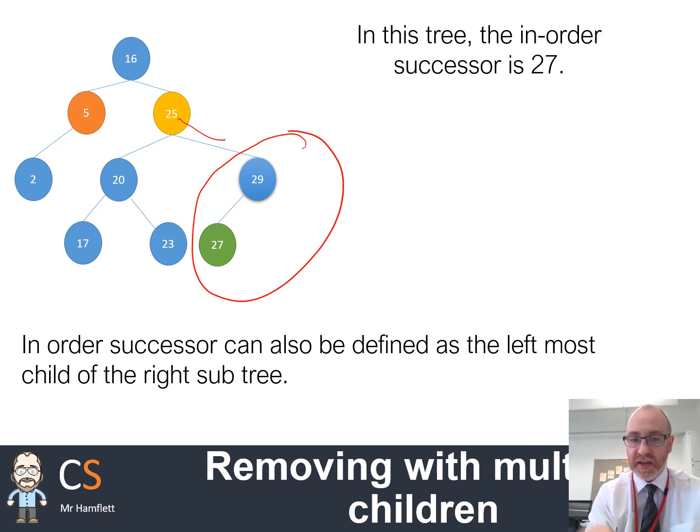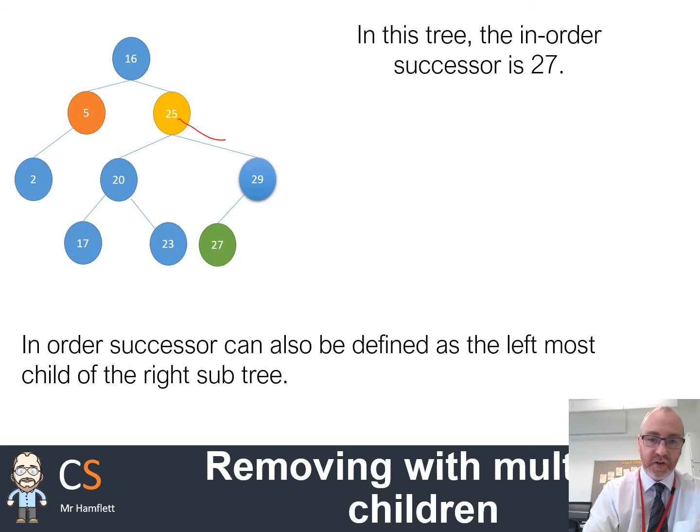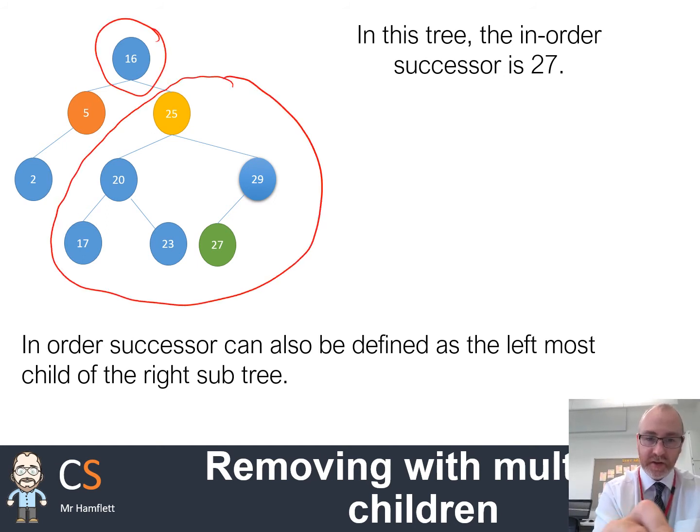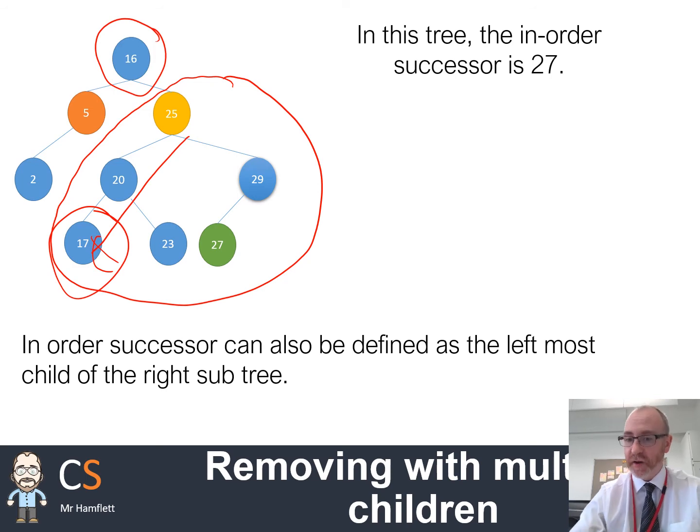So we have a subtree there, and we find the leftmost node. If we want to find the successor of 16, we find the right subtree, which is all of this, and then we go left as far as we can, which is 17. That's another way of thinking about it.